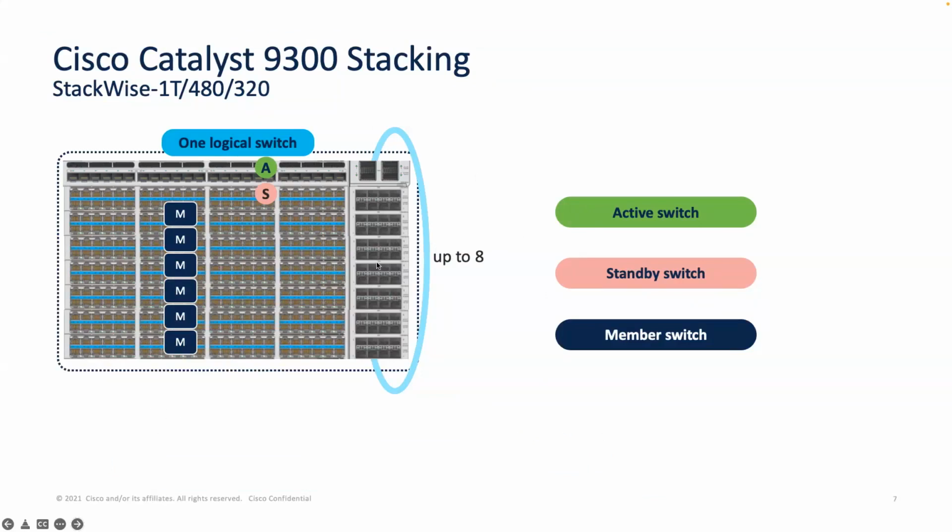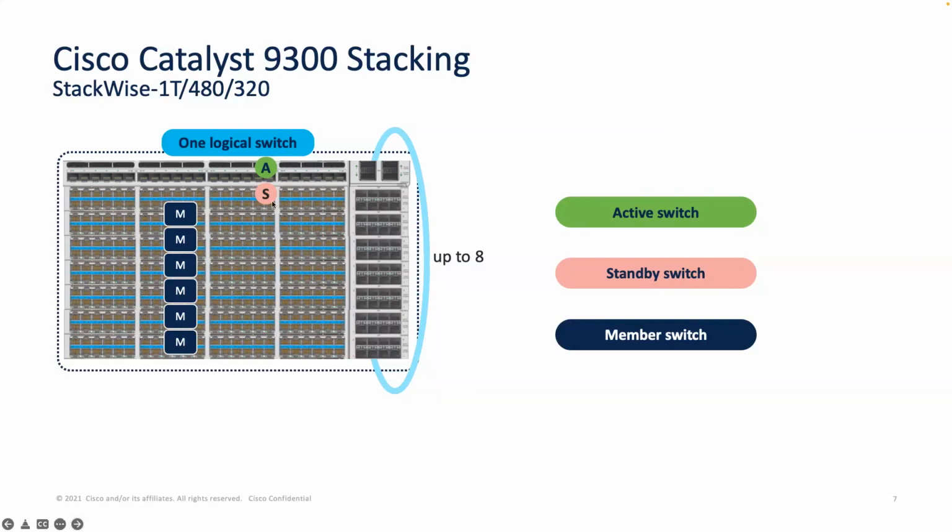Once the switches are well connected and after the reload, the stack will act as one logical switch, and the active switch will take control of the control plane of the whole stack. Okay, and talking about the standby switch, the standby switch will monitor the health of the active switch and take over the active role when the active switch fails.